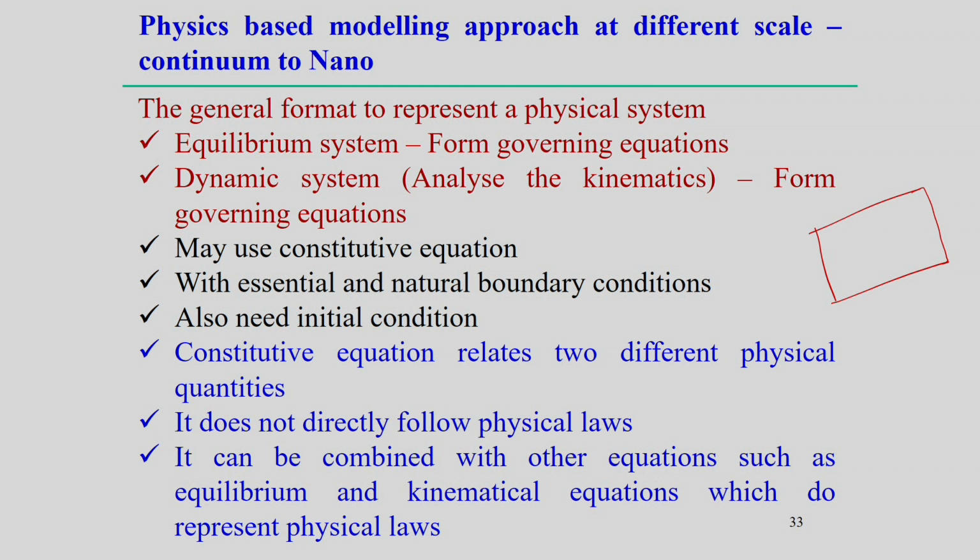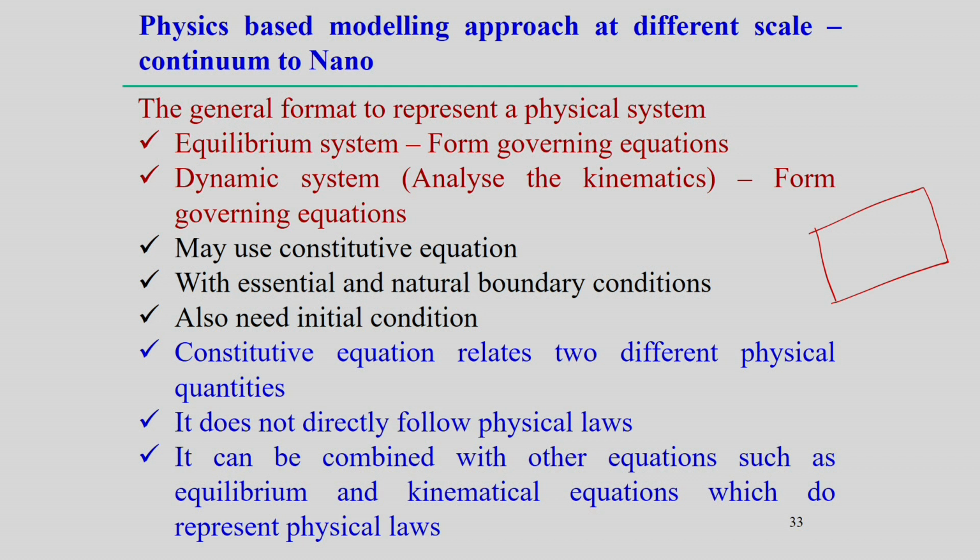Normally, to represent a particular physical system, one way is the equilibrium system. The system is in equilibrium conditions, we normally assume that, and then we look into what the governing equations are acting on this particular process.